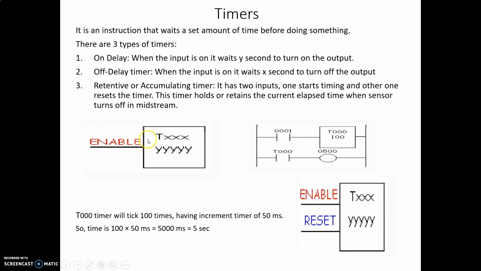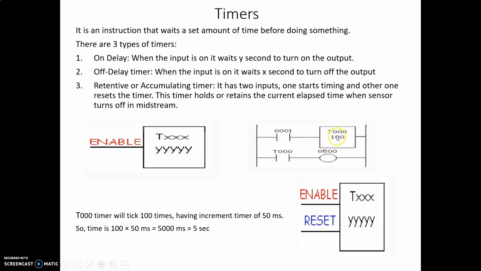The enable part here is a typical example of the on and off delay timer. The third type is this part here. One input enables the part and starts the timing, and the second one resets the timing. The timer is shown by this symbol.